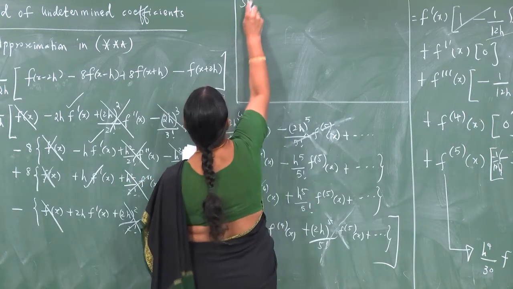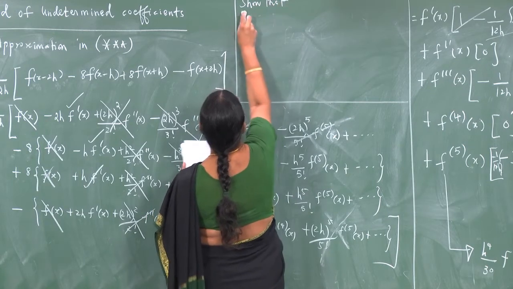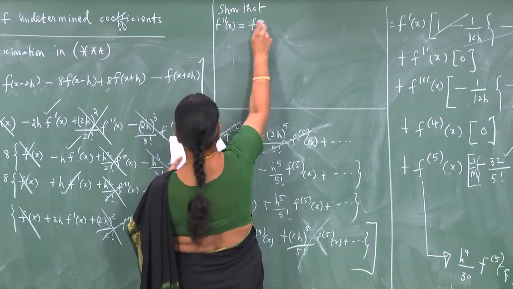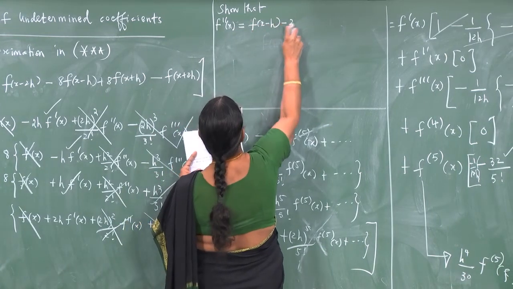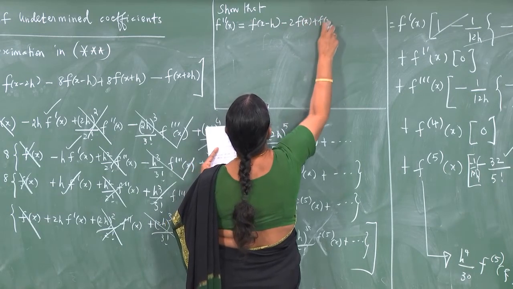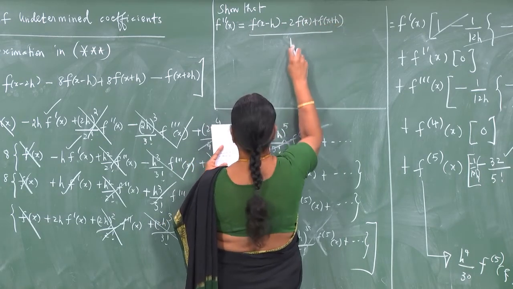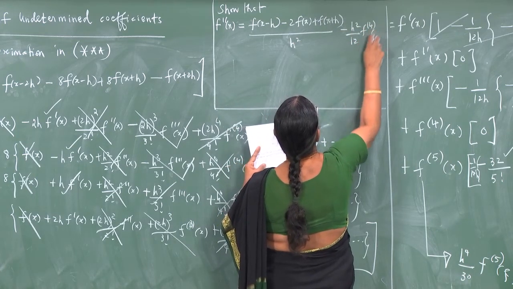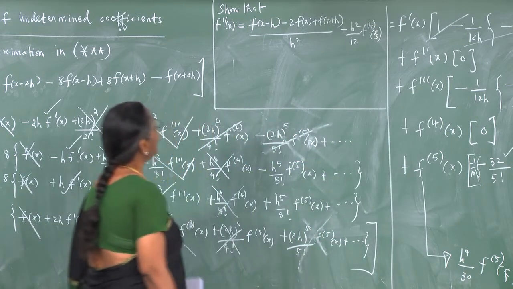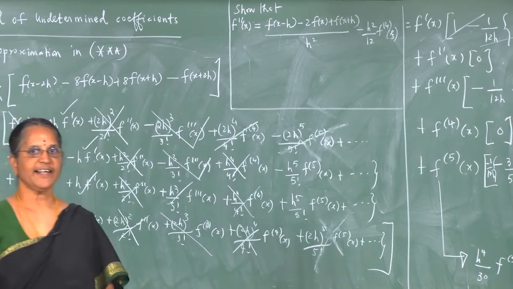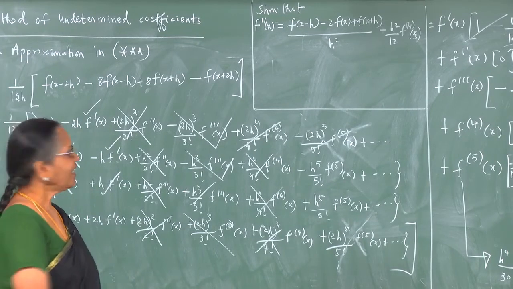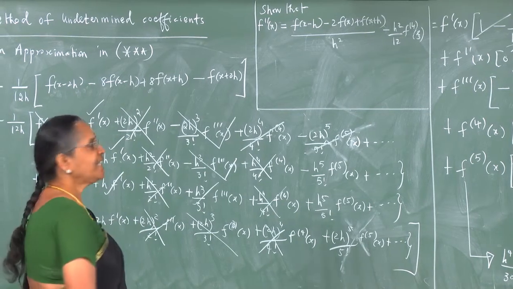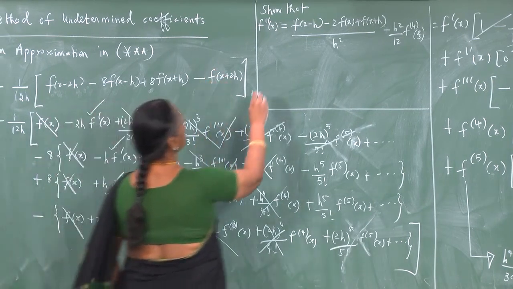So, show that the second derivative f double prime can be approximated by a 3-point formula. We had already derived this using Taylor expansion earlier, and we have showed this result, but now I want you to obtain this method by the method of undetermined coefficients.